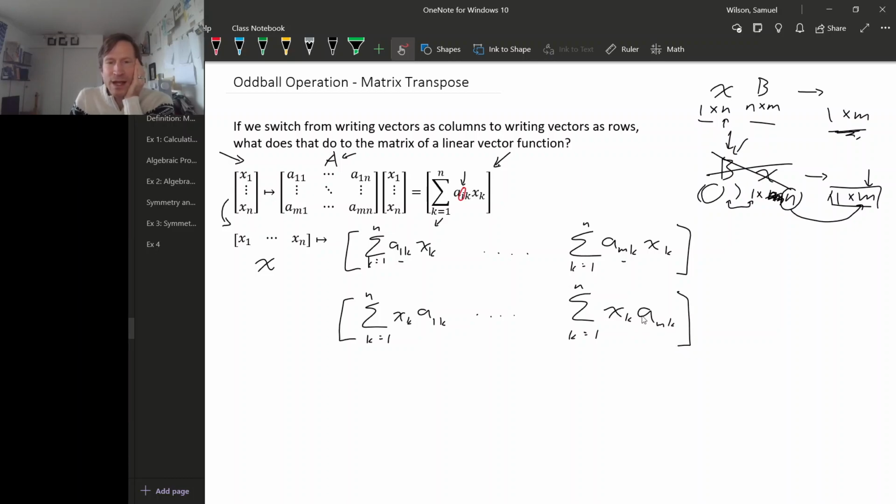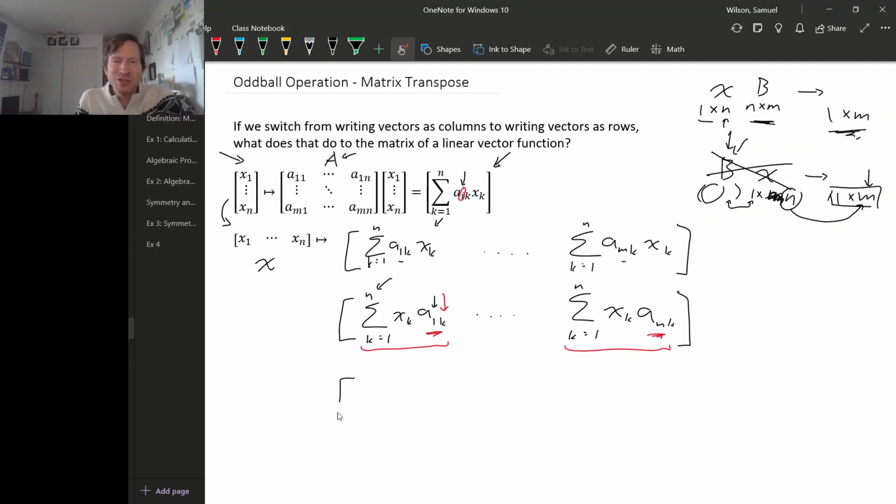Okay. And our idea is these are going to turn out to be the entries of a matrix, but you can see for these formulas to be describing a matrix product, this index is in the wrong place, right? Because the right hand factor in a matrix product, the index on the sum should end up in the first place, not in the second place.